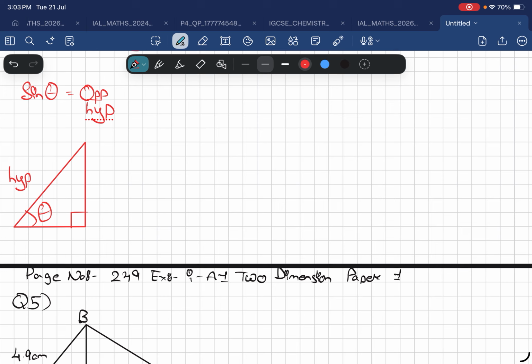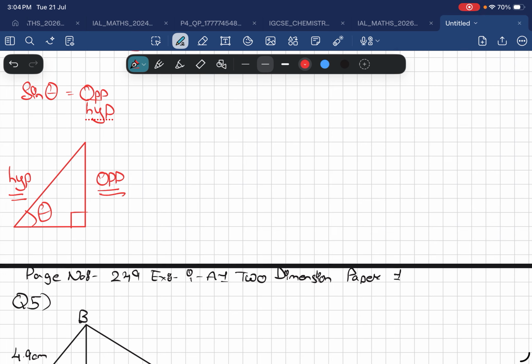When you divide the length of the opposite side by the hypotenuse, what we get is sine theta.